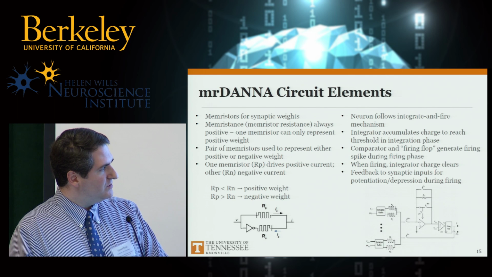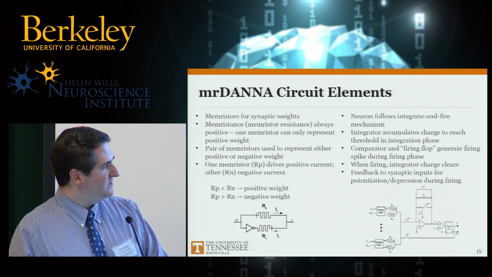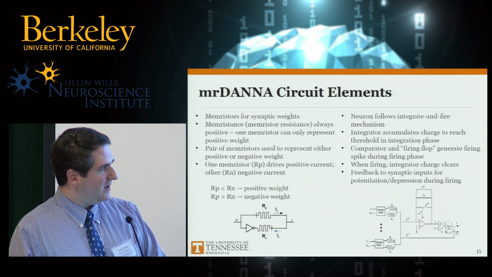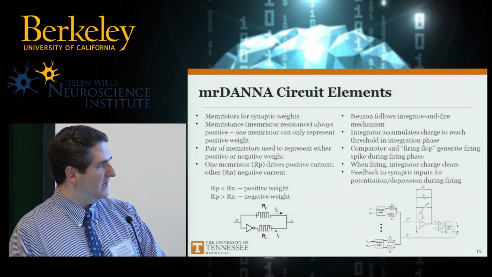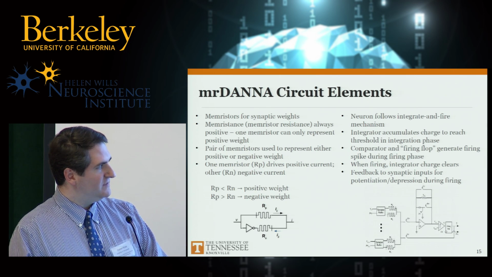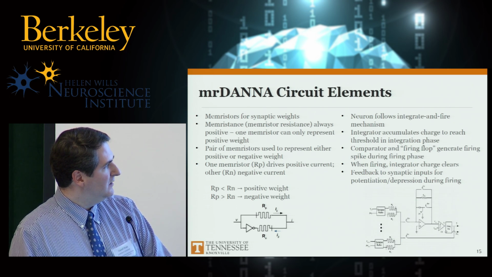And I think what's important to show here is, at the end of the neuron, think of it as a postsynaptic neuron, there's a little feedback loop, which allows us to implement that depression and potentiation. So when the neuron fires, it's not only firing to its output synapses, but also firing back to the input synapses. And that would be used to potentially potentiate or depress these particular synapses.